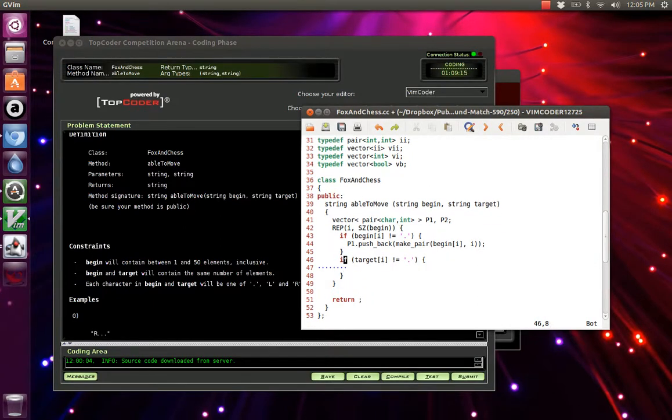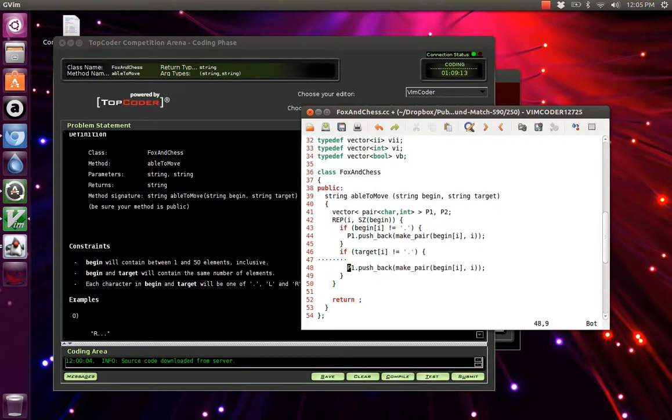Alright, so what am I trying to do here? So I have a vector of pairs where the first is a character, the second one is an integer. So one for player 1 and another one for player 2. So I iterate through.